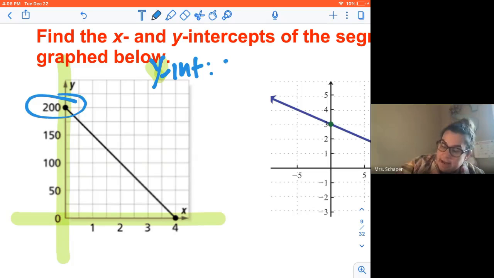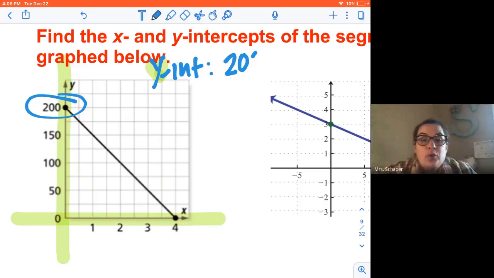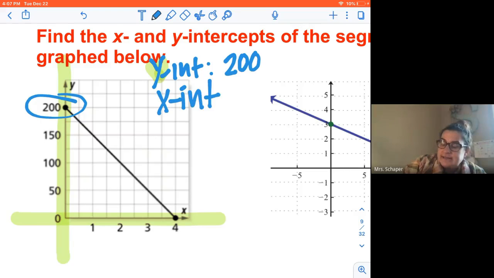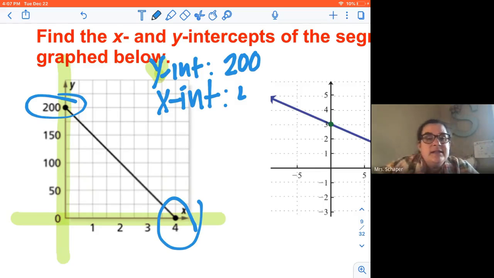So my y-intercept is 200 because my graph crosses 200, okay? My x-intercept is where it crosses the x-axis. So my x-intercept is going to be 4.